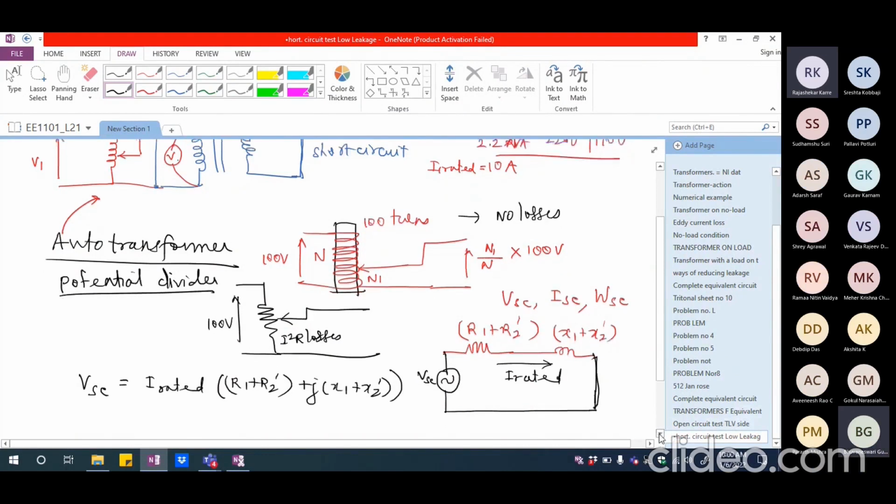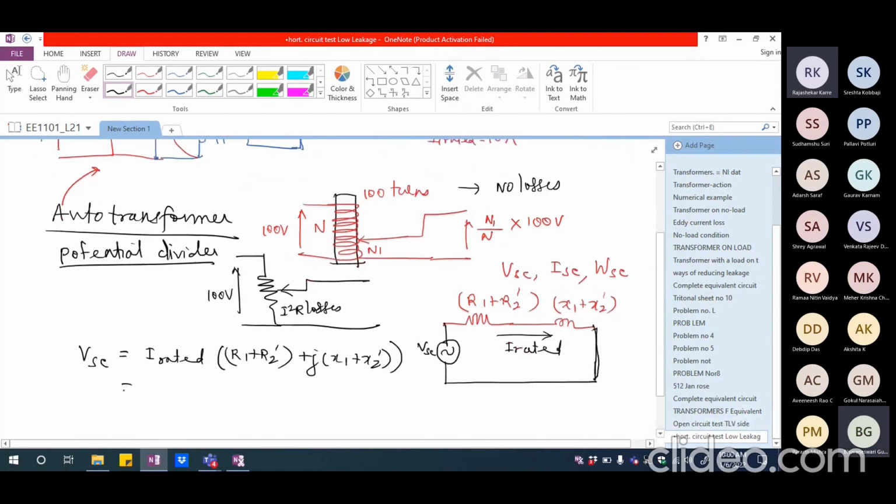This is going to be my short circuit voltage. So I should be able to write this as I rated multiplied by R equivalent plus J X equivalent. X equivalent consists of both X1 and X2 dash and R equivalent consists of both R1 and R2 dash.